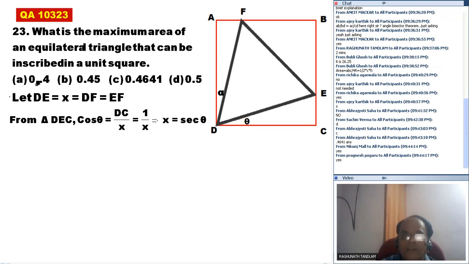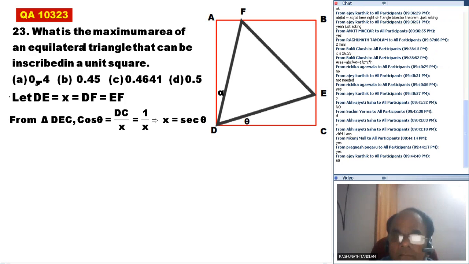Let's take angle EDC as theta, angle ADF as alpha. I don't know what angle theta or angle alpha is, but alpha plus theta must be 30 degrees. Why must alpha plus theta be 30 degrees? What is this angle? So we know that alpha plus theta must be 30 degrees.